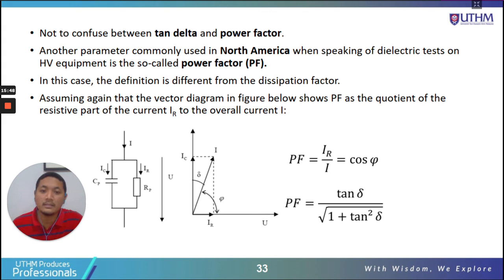This is delta, this is theta. So power factor refers to this angle theta instead of delta. Cos theta is basically IR over I, while for tan delta, it is IR over IC.